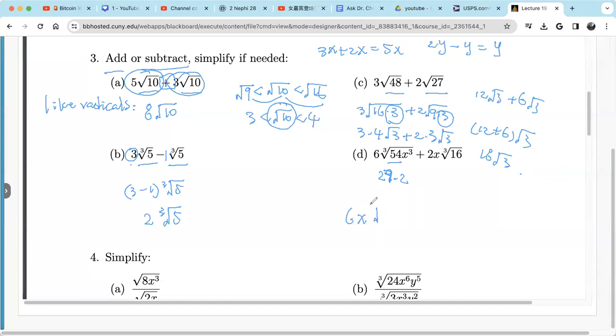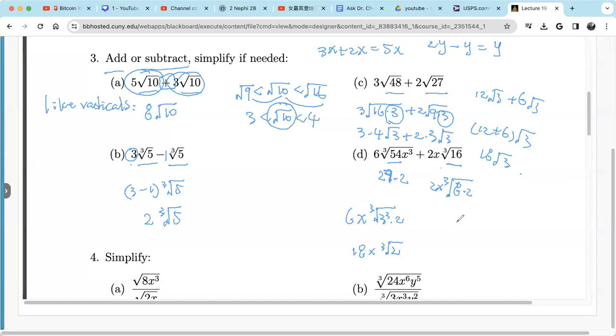Then inside the cubic root, we have 27, which is 3 cubed times 2. Well, 3 cubed means 3 comes out. 3 times 6, 18. So 18x, then the radicand is left with the 2, cubic root of 2. Now let's see cubic root of 16. Cubic root of 16 can be thought of as cubic root of 8 times 2.